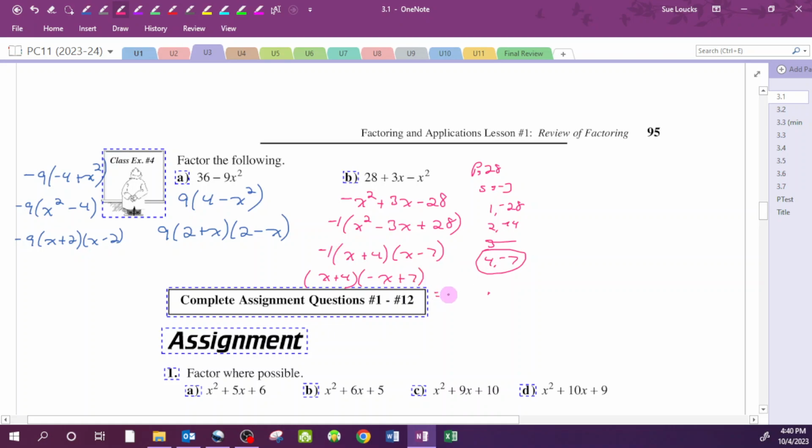And that equals x plus 4 times 7 minus x is usually how we'd write that, or I might even go 4 plus x times 7 minus x, because now it sort of looks more like this, like the 4 times 7 is the 28, and the x times -x is the x squared. So this is probably the best version of that, but this one is fine as well.